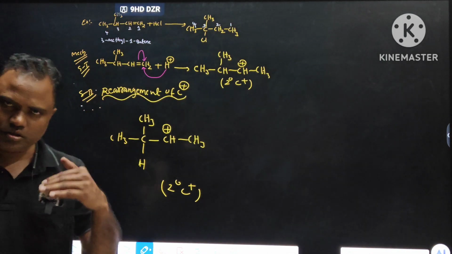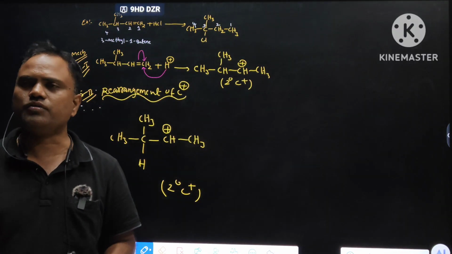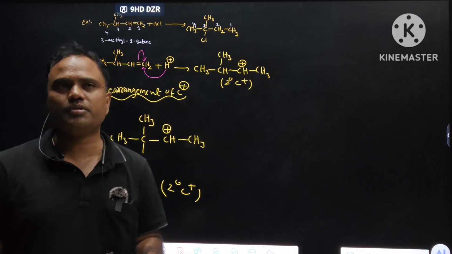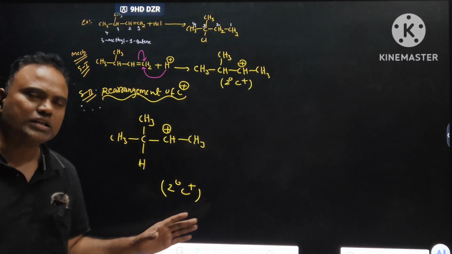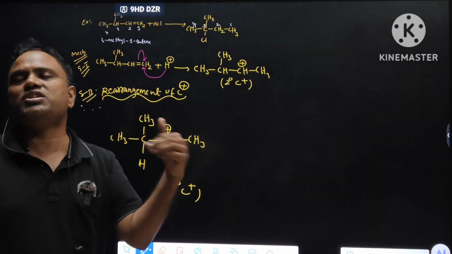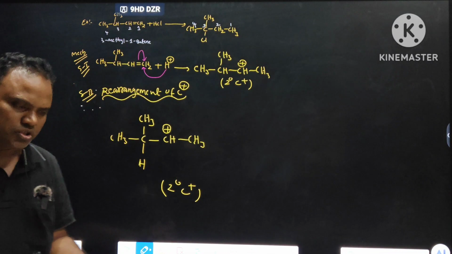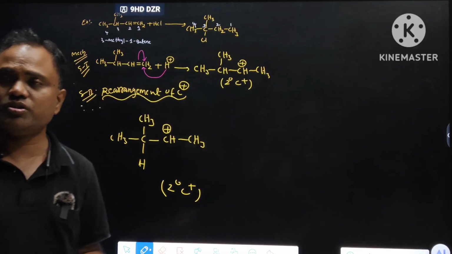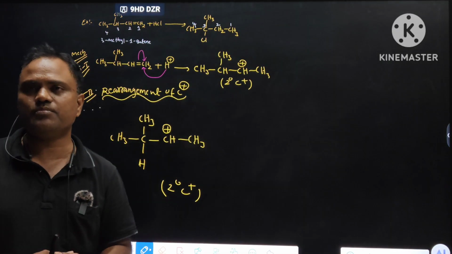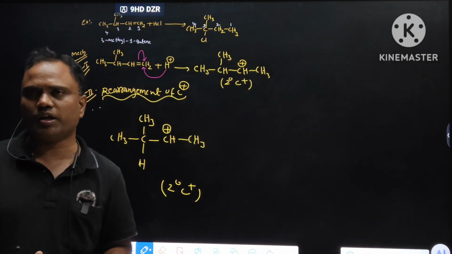Now onwards, throughout organic chemistry, in any reaction, if a carbocation is formed, then check for rearrangement. Rearrangement means rearranging the atoms or groups from one place to another place to achieve a higher stability carbocation. It is the phenomenon of changing the position of atoms, or group of atoms, from one place to another to achieve higher stability carbocations.